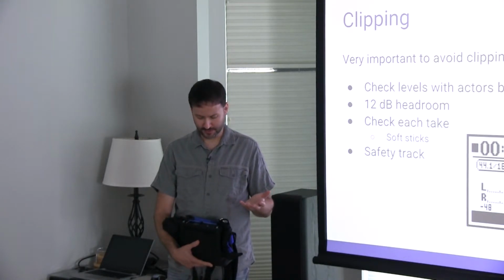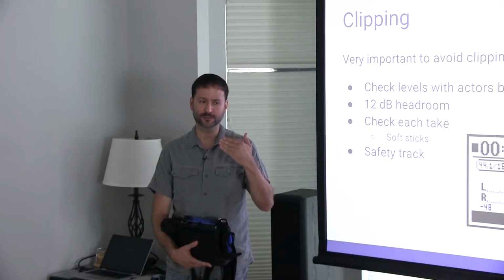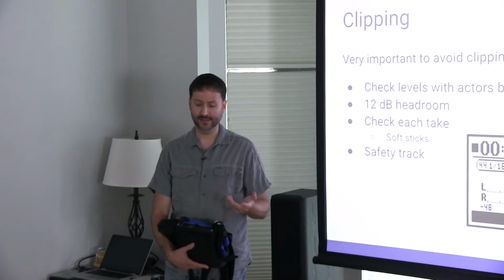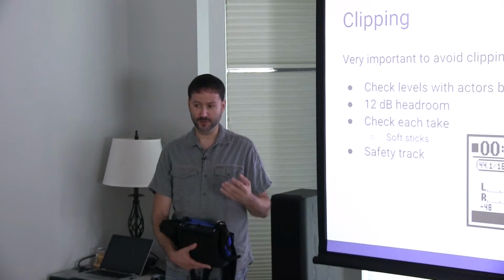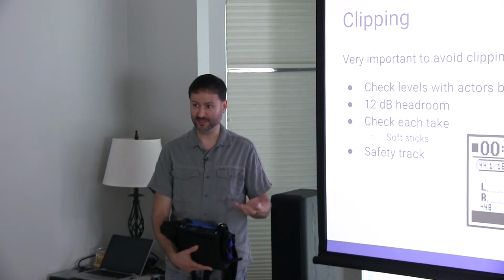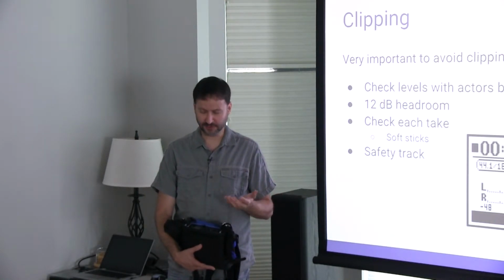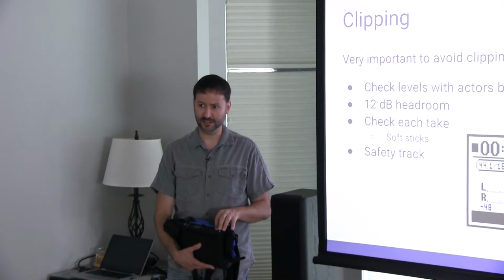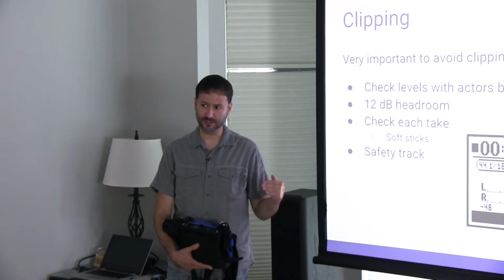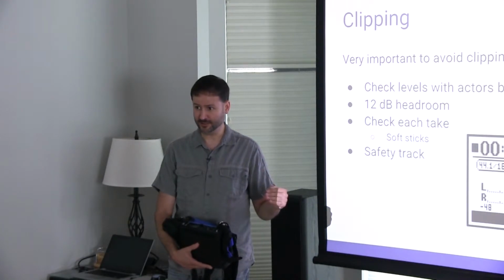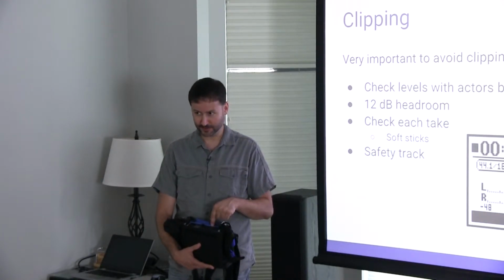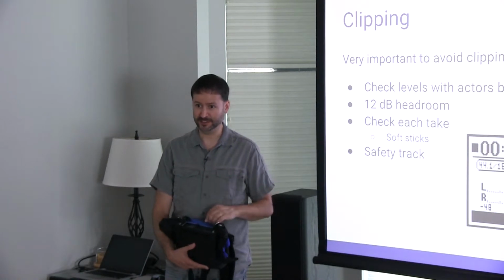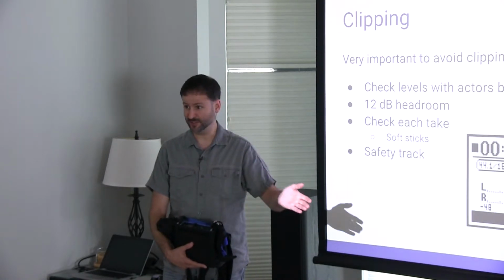And so if you have a recorder that can do it, and you're in a shot where there's an unpredictable element to how loud it's going to get, it's a good idea to turn that on. And so you set one of the recordings to record at a lower level, and you label it as a safety track, either in the recorder if you can do that, or you tell the guy logging, say this track 3 is safety track.